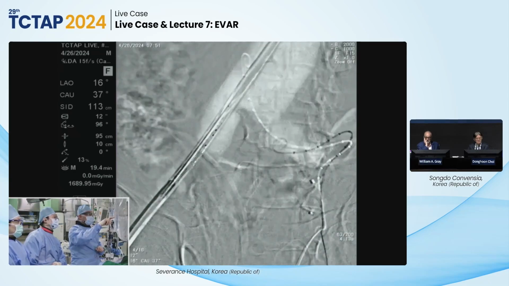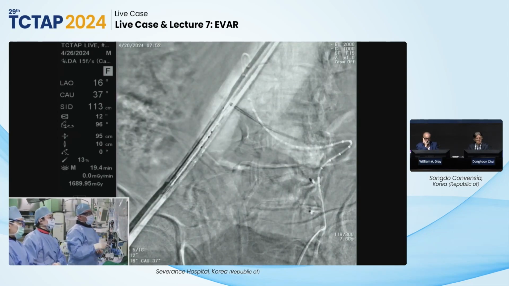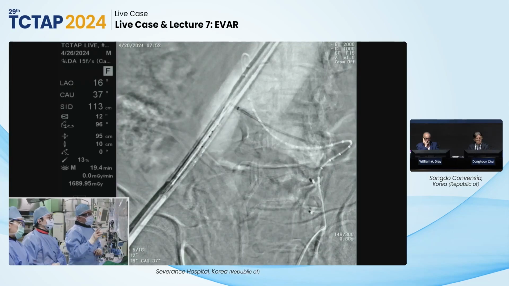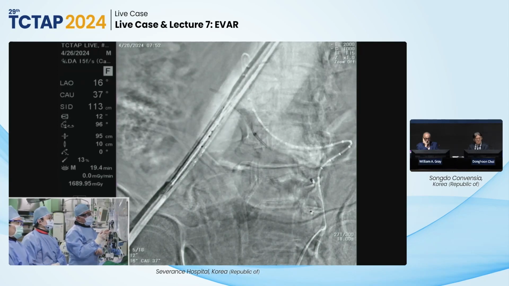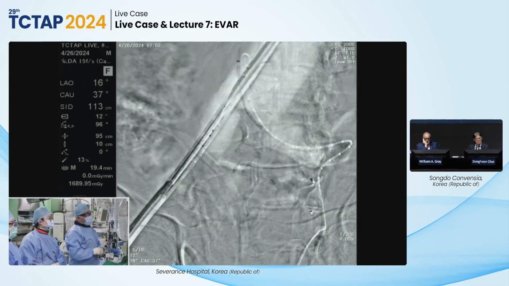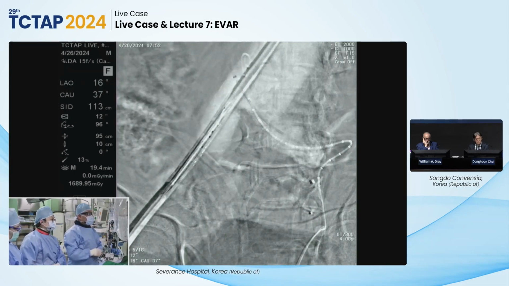Next. And then we try to insert a double snare, this Indie snare, I think it is from Cook, and bring that into the aorta and try to catch a wire from the angled catheter from the IBD. Next.